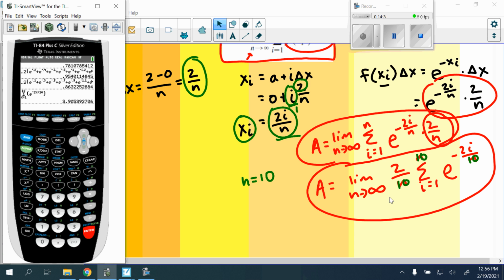Now we have to multiply by 2/10. So if we take this times 2 over 10, that should give us the same amount we did before, 0.71881. If you go back up here, that's the same value we got when we added all these together. You can see it right here, same value. So you can use summation to also add these up if you have a bigger one like the one we just did.